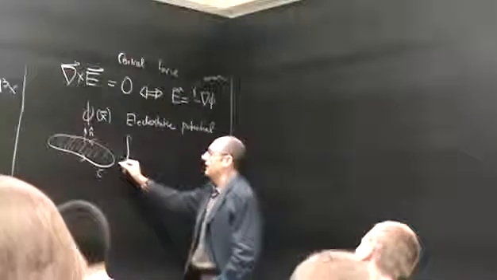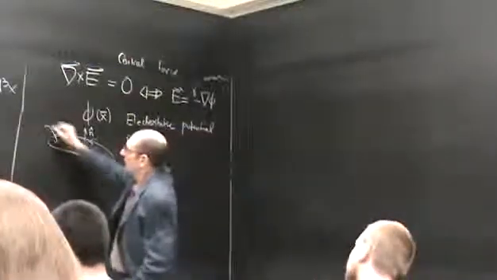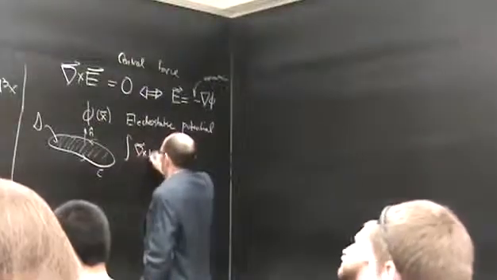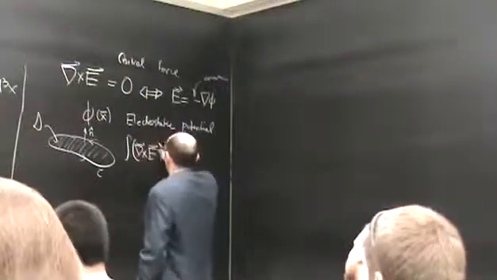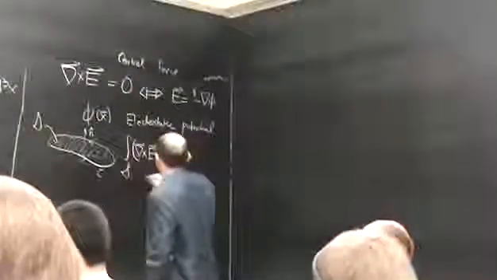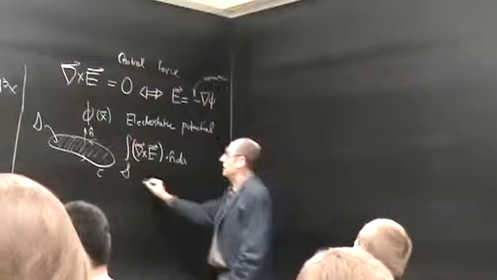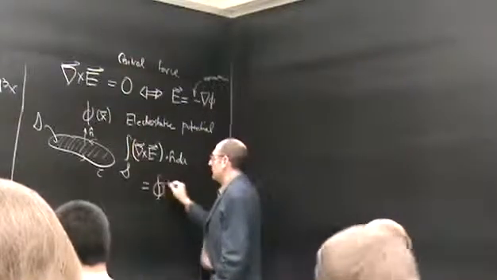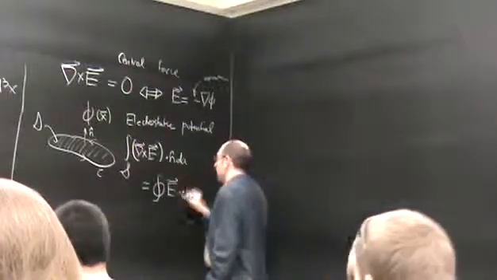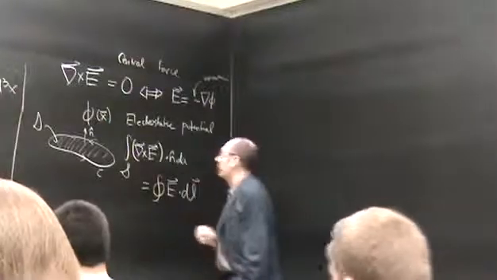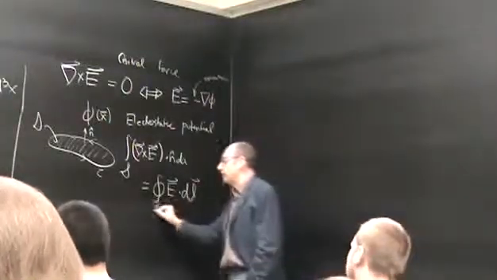Then we have the notion of the direction of the surface, that the flux integral of the curl through that open surface bounded by the curve is equal to the circulation integral around that curve.